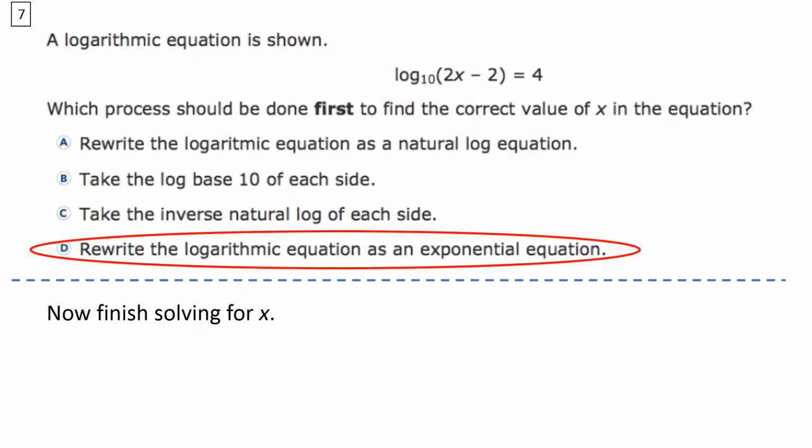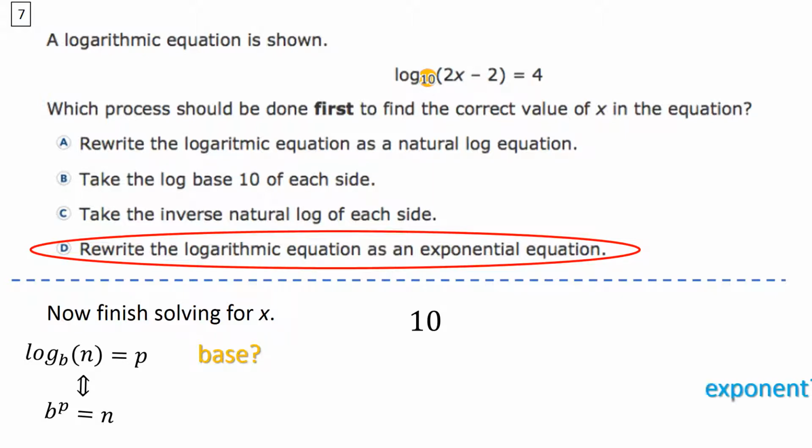But now we got to finish solving it, so we do need to build our equation. So transforming from a log to an exponential, kind of backwards of what the last problem did. What's my base going to be? Well, the base is the same as the base of the log, which is 10. So the base of our exponential is going to be 10.